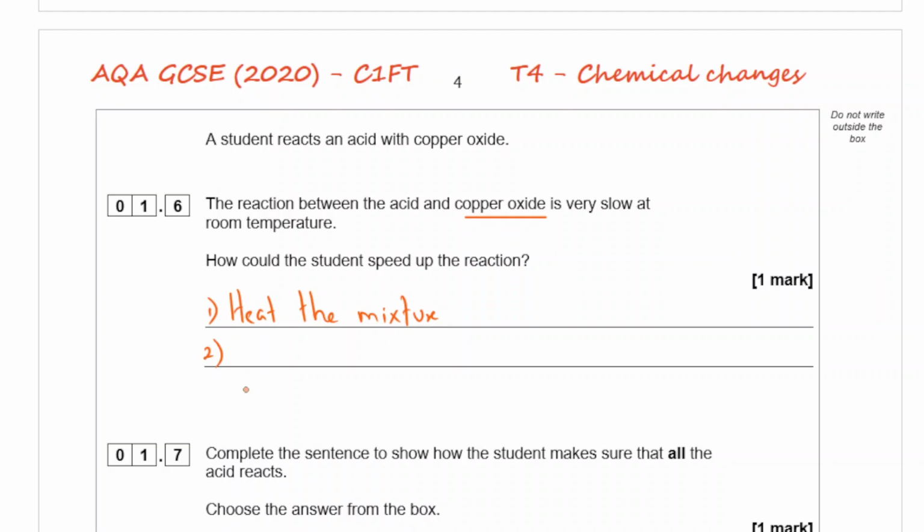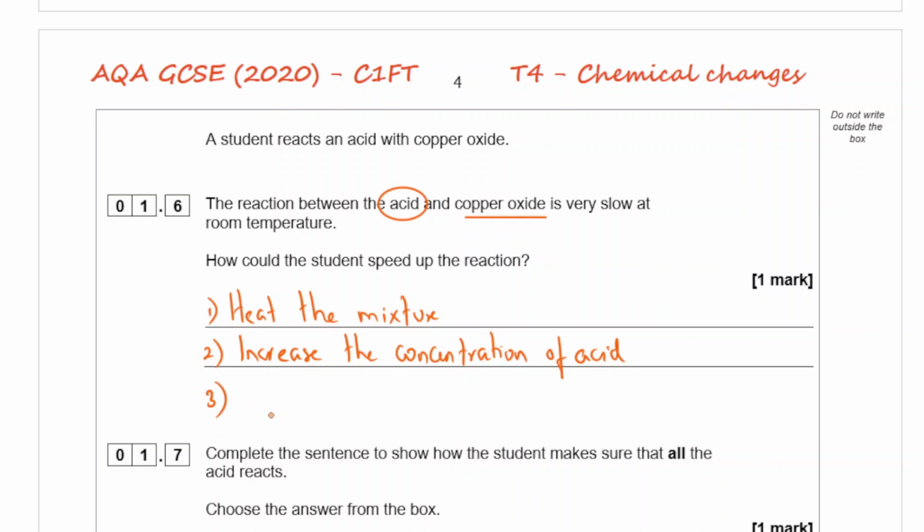You could also, because you're reacting it with an acid, increase the concentration of the acid, or use a more concentrated acid. That doesn't mean that you're adding more acid, you're actually adding a stronger acid.